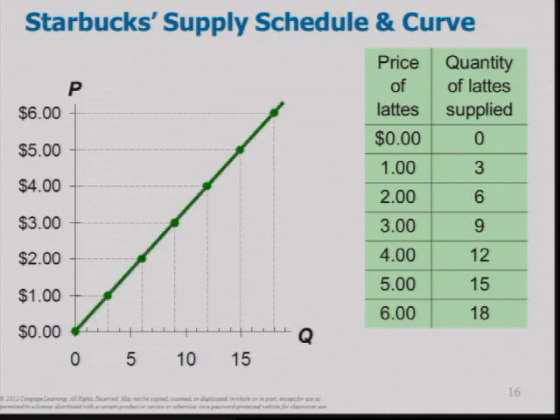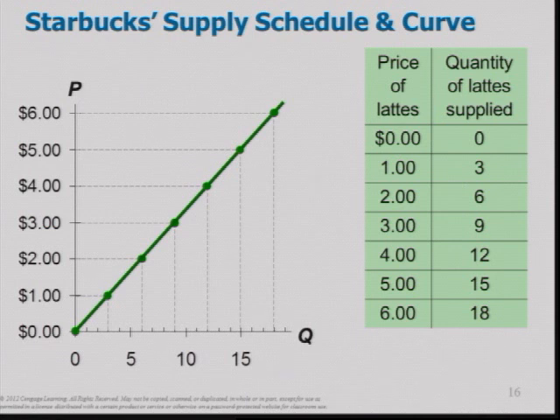So again, just like we did for demand, we're using these data points in our supply schedule to create a supply curve. You just plot all those little points, 0, 0, 1, and 3, for example. So here's $1 and a total of 3 are being sold. Again, remember, this is price per unit.